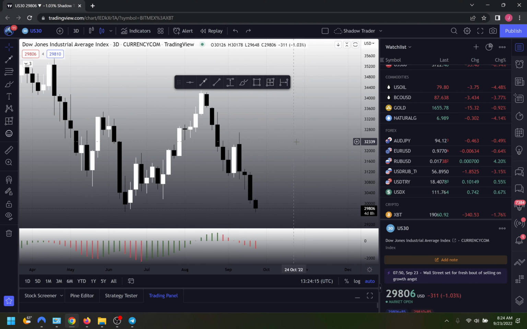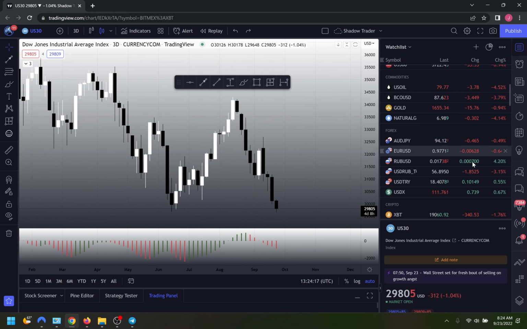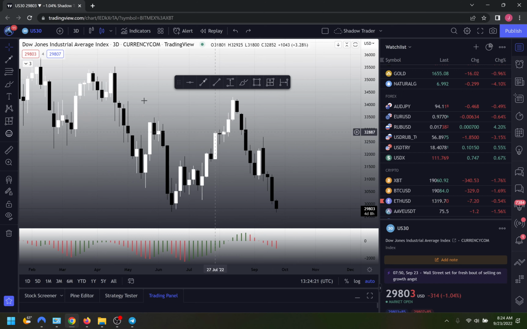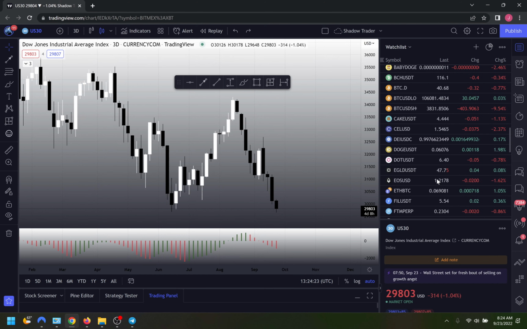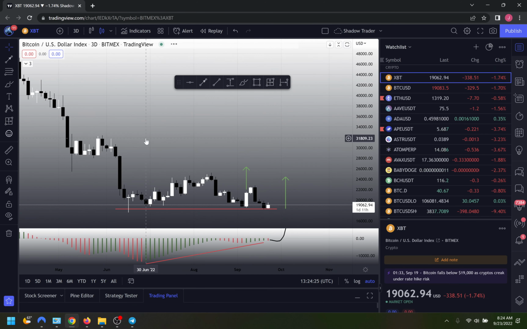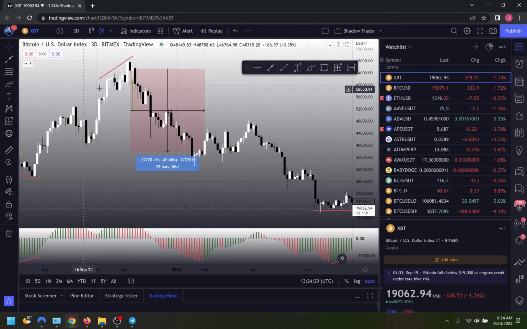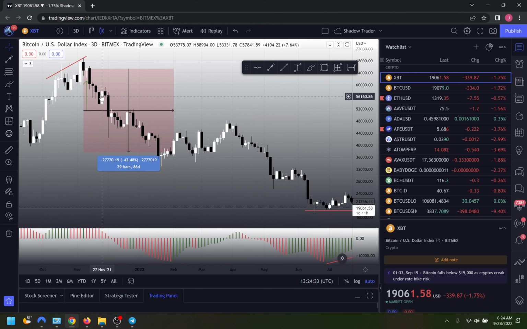You can be in multiple times. As you can see here on Bitcoin, I can be in long-term shorts, and you can have plenty of intraday mini longs on the 1-hour and 30-minute candles, and additional shorts.